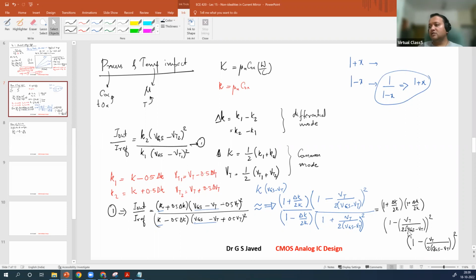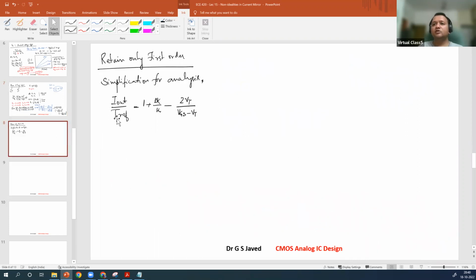So these square terms get cancelled with each other. So 2 Vt over this value, 2 Vt over this value becomes minus 4 Vt, minus 4 Vt by 2 (Vgs minus Vt). So minus 4 by 2 becomes minus 2. So you're left with this particular term. So now this would be the simplification that you would have dependency on the k and Vt.